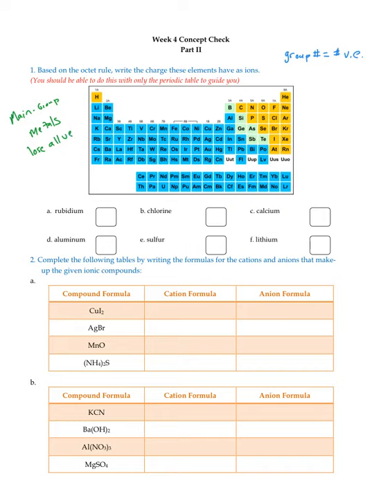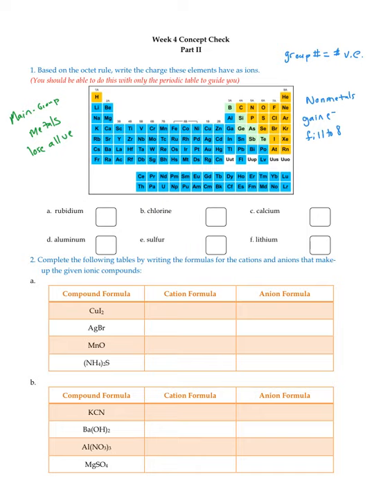Remember that the octet rule, to get back to a noble gas notation, the metals empty out their valence electrons. Whereas nonmetals, we know, are going to do the opposite, which is they are going to gain electrons. And so the goal is to basically fill to 8.